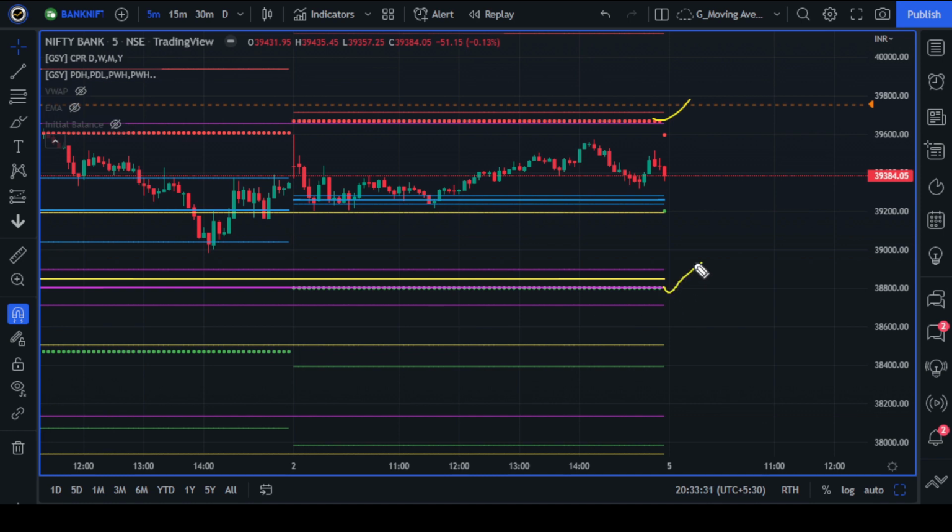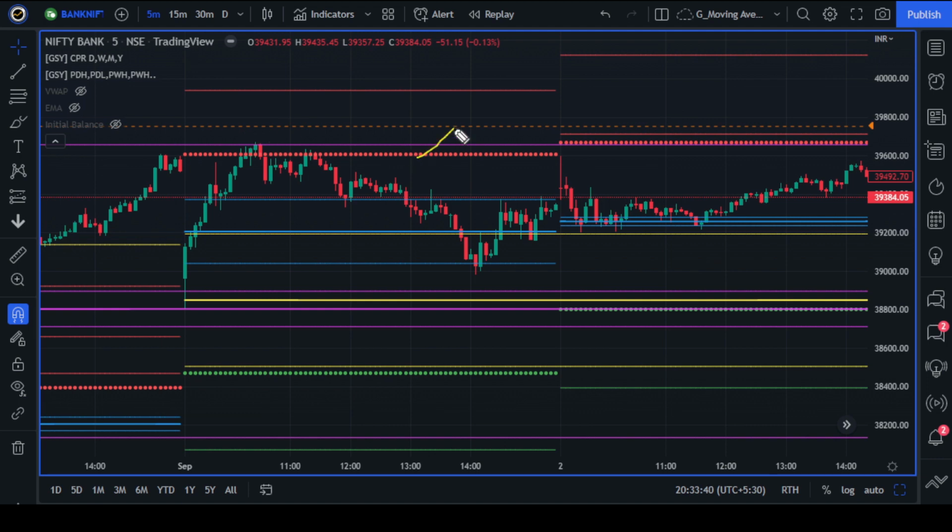This is the previous day low. So if you go back, the previous day's range is this range. I mean to say, for this day, the previous day's high was this and the previous day's low was this. That gives a better idea.